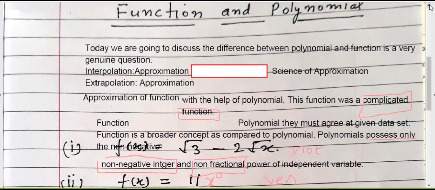The first one was the forward difference, the second was the backward difference, and then the central difference, then the shifting operator, the averaging operator, and the differential operators. In these we analyzed the function.